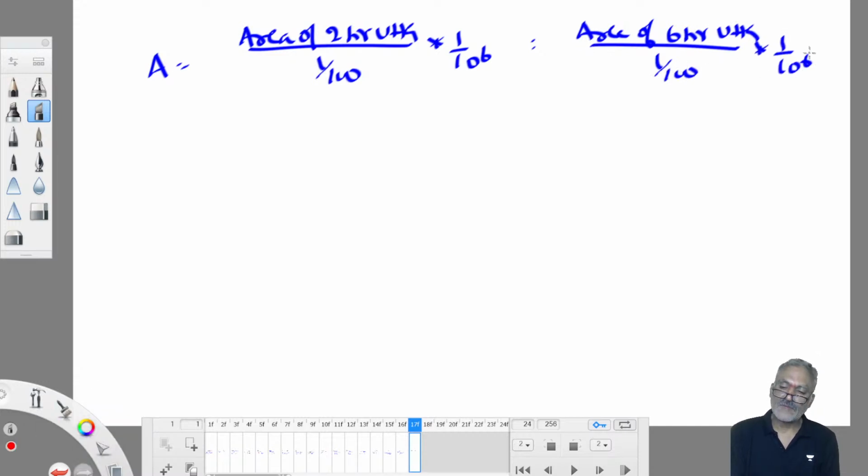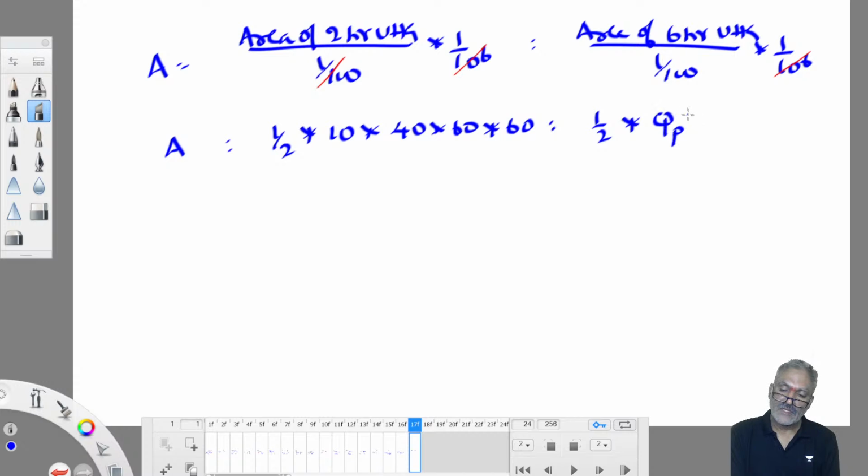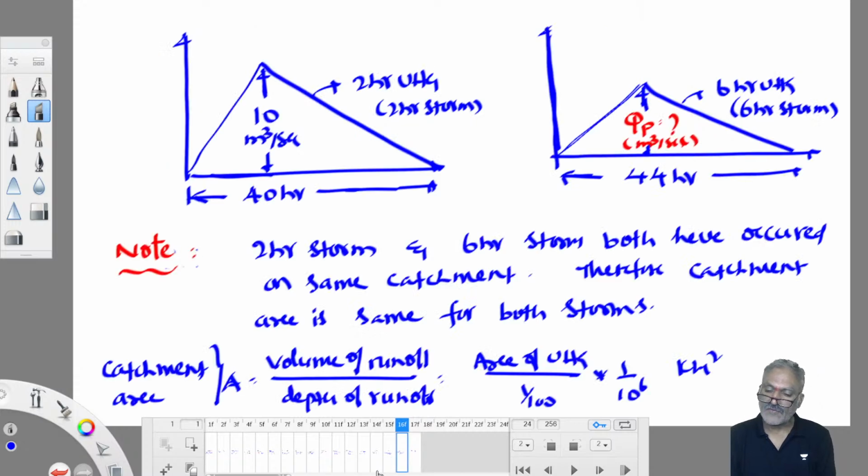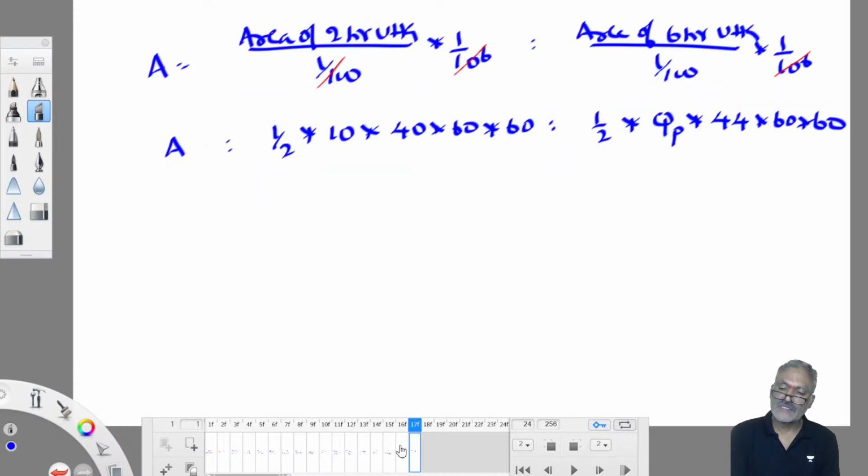So almost all of them cancel out. What you are left with is the area of the 2-hour unit hydrograph, which is half into 10 into 40 into 60 into 60. The area of the 6-hour unit hydrograph is half into QP into 44 into 60 into 60, because this is producing runoff for 44 hours, while the other produces runoff only for 40 hours.